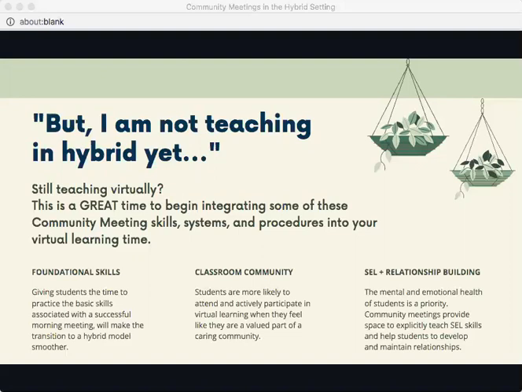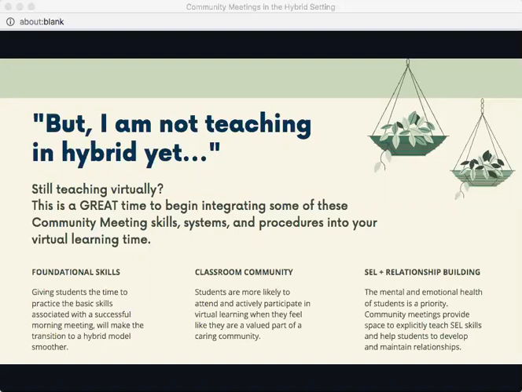So we want to make sure we're thinking about foundational skills. So giving students the time to practice the basic skills associated with a successful community meeting will make the transition to hybrid model smoother. We also know that this time can create a really strong classroom community. Students are more likely to attend and actively participate in virtual learning when they feel like they're a valued part of a caring community.